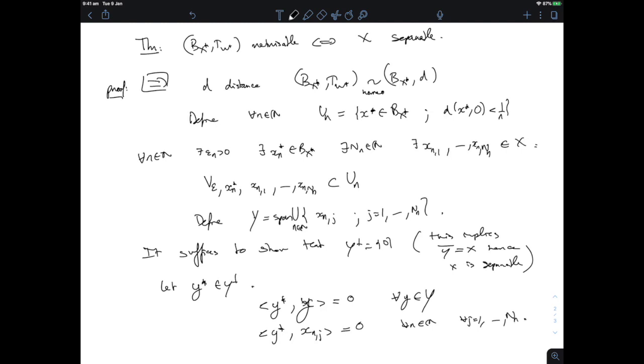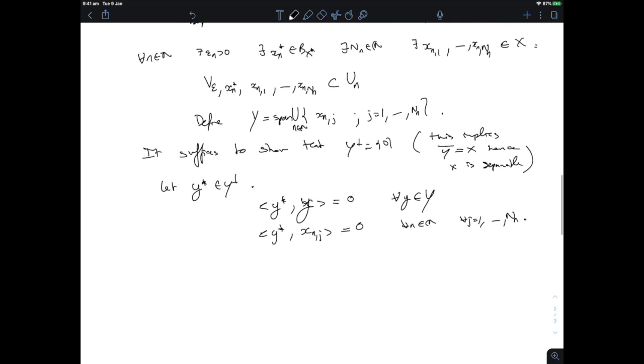But if that is 0, then in particular it's smaller than epsilon_n. So that is to say that Y star belongs to V(epsilon_n; x*_n; x_{n,1}, ..., x_{n,n}), which is, remember, a subset of U_n, and that's for every n.